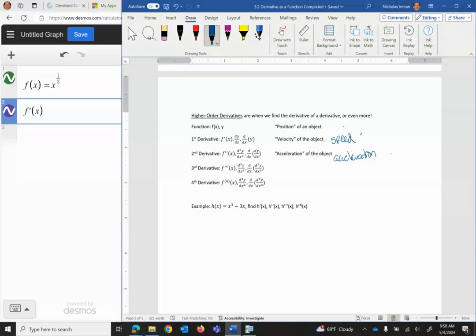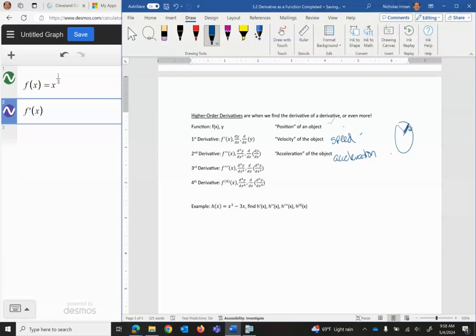Now, acceleration is how the speed is changing. So my car is on the road, I have a position. My car is moving, so maybe my foot is on the gas pedal. Now, my foot being on the gas pedal just means I have a speed. Now, am I pushing the gas pedal to make my speed go faster? Is my speedometer just staying still?